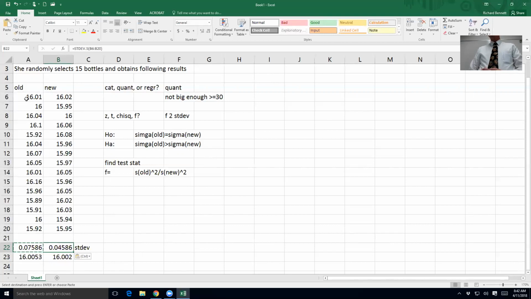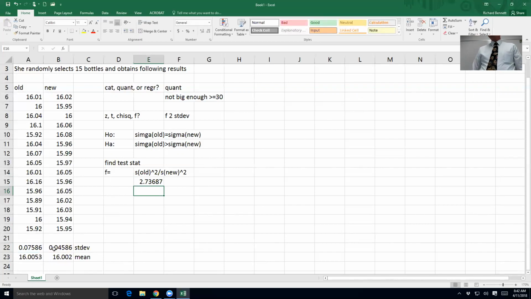All right, so now the F score is going to be the old squared. So this number squared divided by this number squared, which is 2.73.